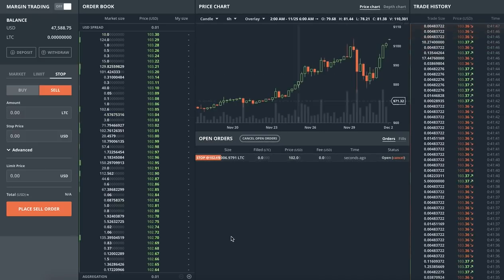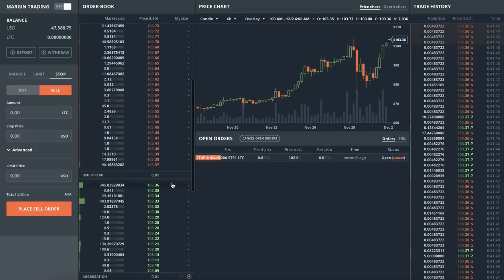So what happens now is if it were to drop to 102.15, then my order would automatically start selling all the way down to 102. If somebody sold it from 102.20 down to 101, or below 102, then my order would now be on the books at 102 for sale.